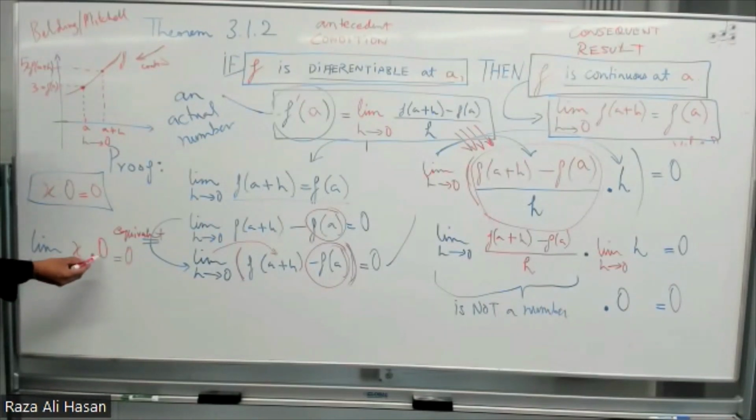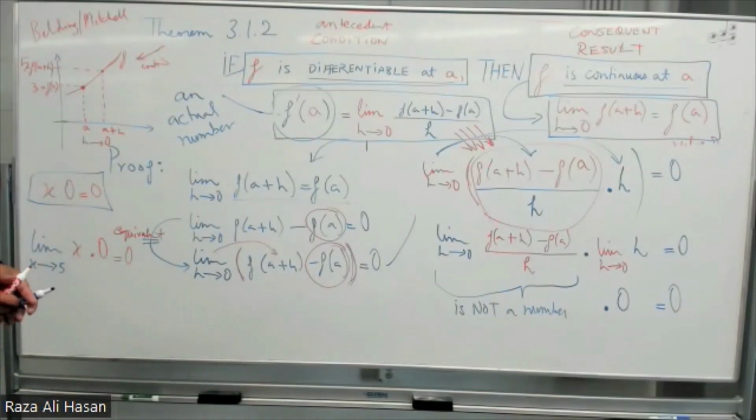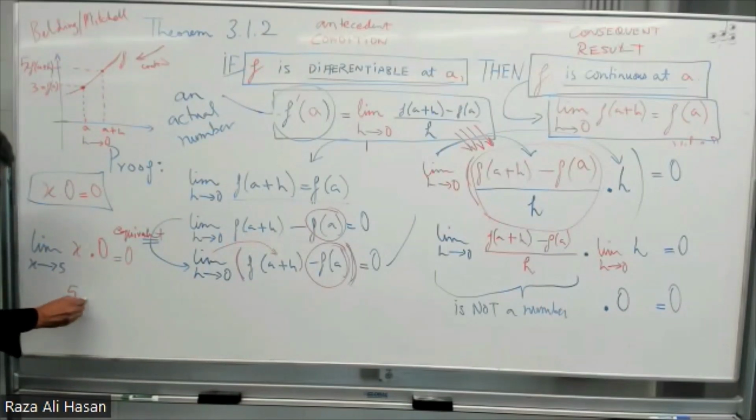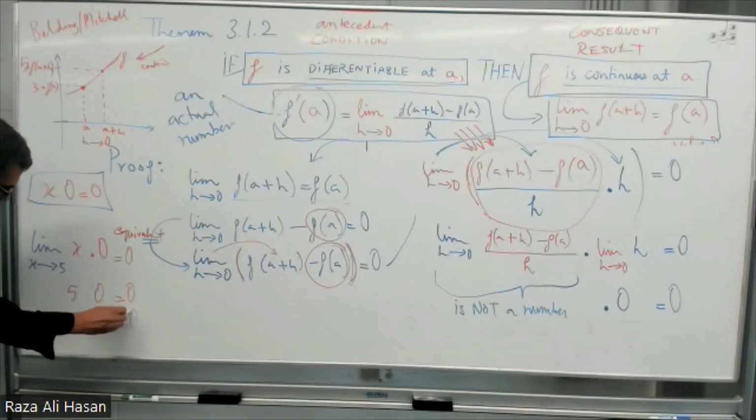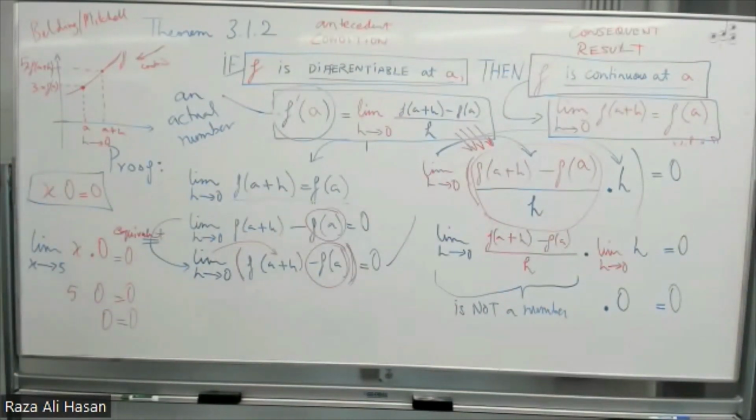We can't multiply this by some expression where the limit has not been applied yet. Once we apply the limit, this is going to be 5 times 0, and then it's going to be 0 equals 0. This is the final point here.